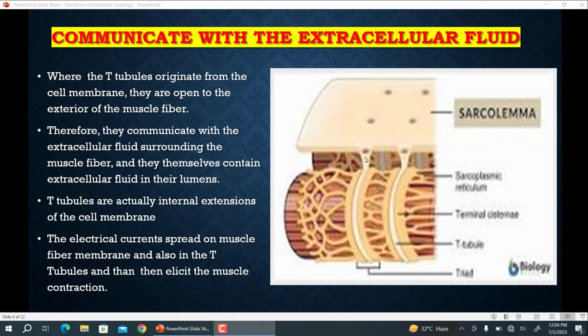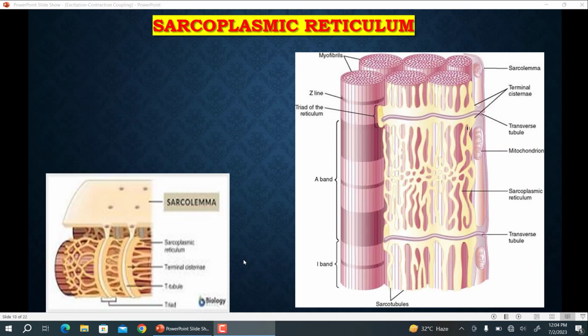So this tubule is the invagination of the cell membrane around the muscle fiber, and when depolarization of the sarcolemma or muscle membrane occurs, depolarization also occurs in these T-tubules, and this causes muscle contraction.